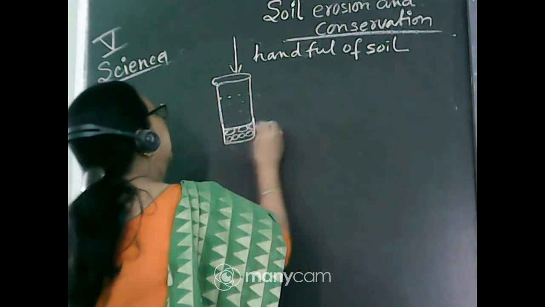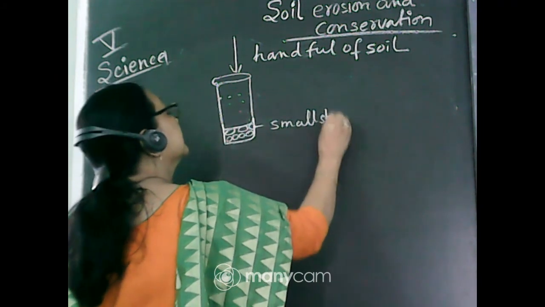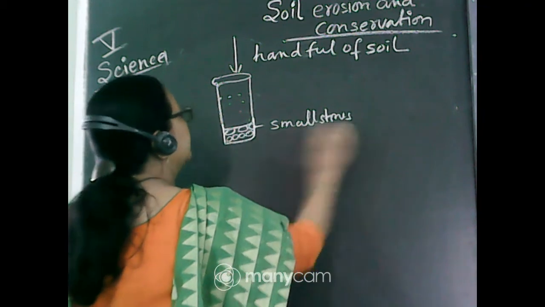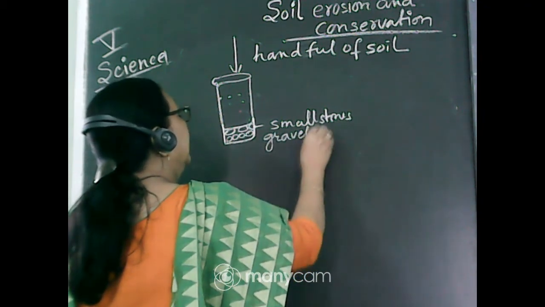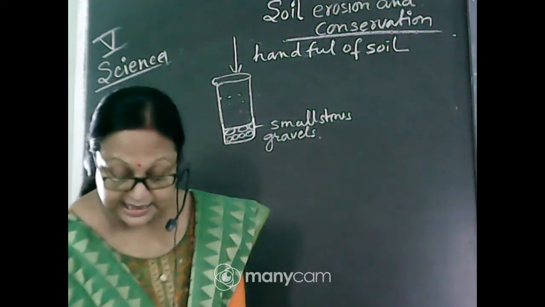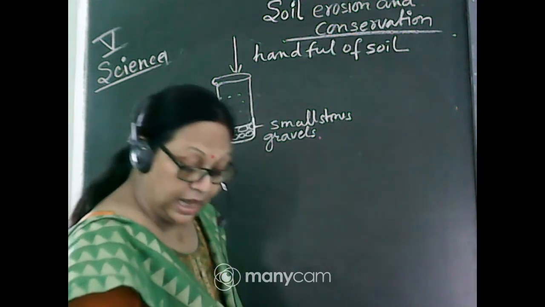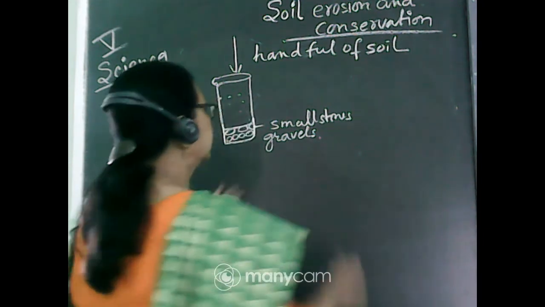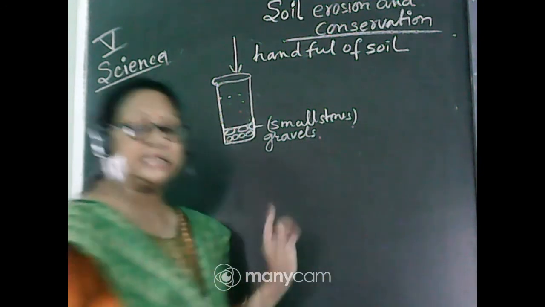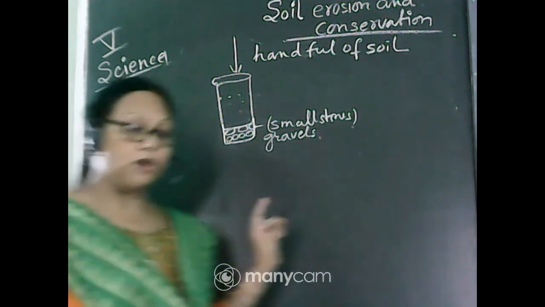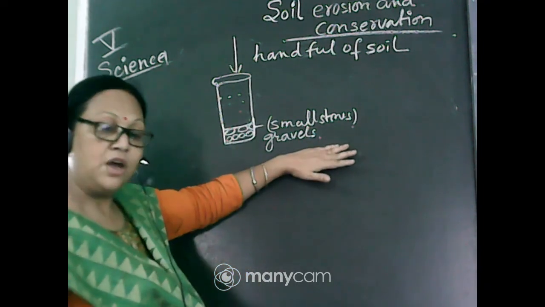Small stones, gravels and sands are in the lower part. Small stones mean small particles of rock, and they settle in the lowermost part of the water.